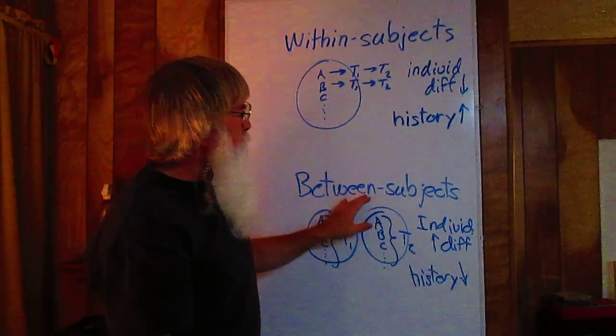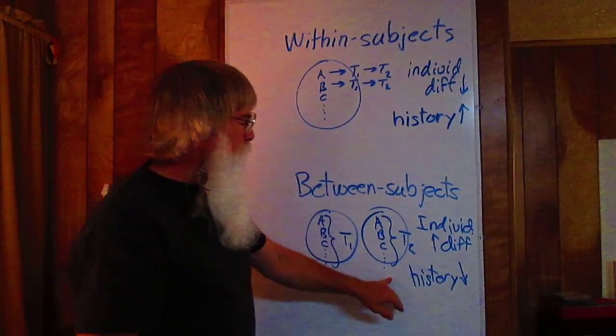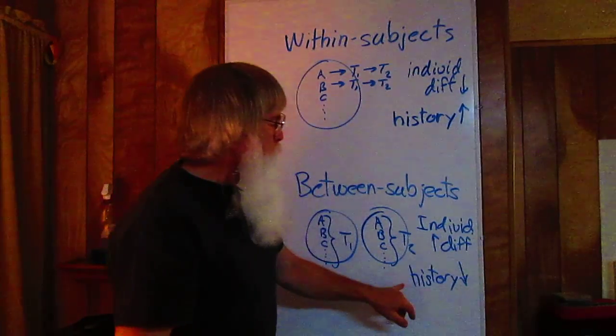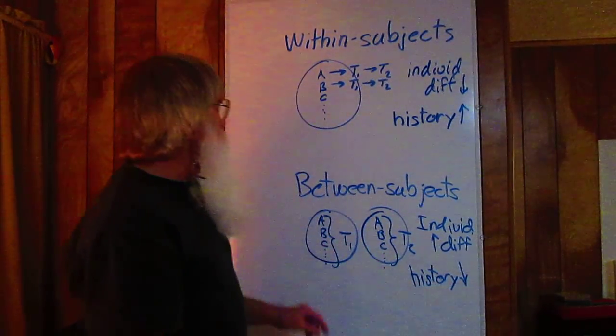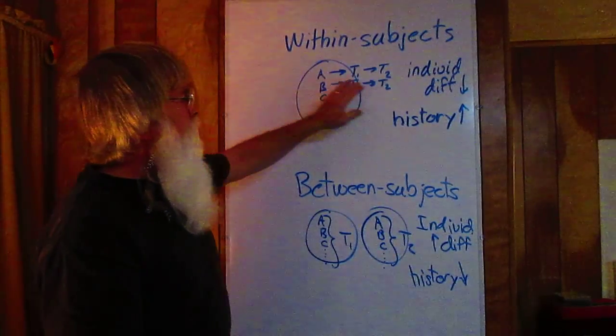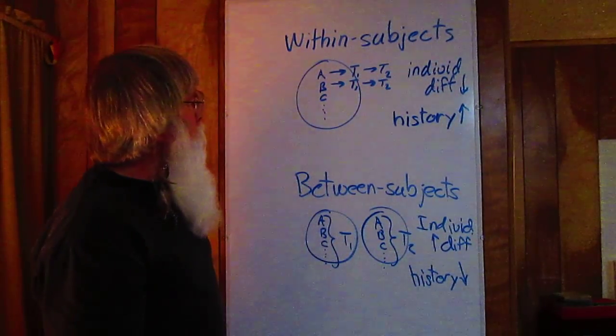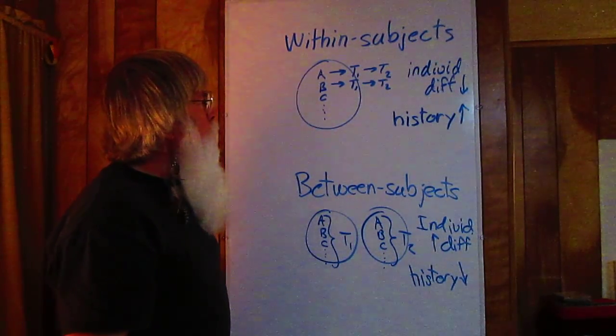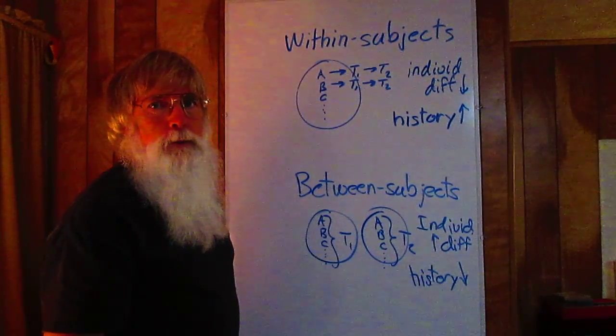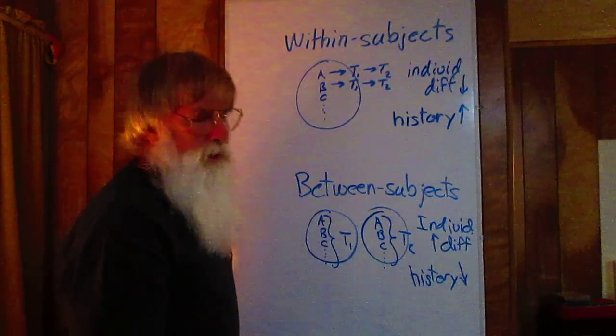And the advantage of between subjects is that history or time elapsed between treatments does not come into play. Okay, so if you wanted to make a little diagram for yourself, you might go ahead and do that. And I hope that helps to explain within subjects and between subjects research designs.